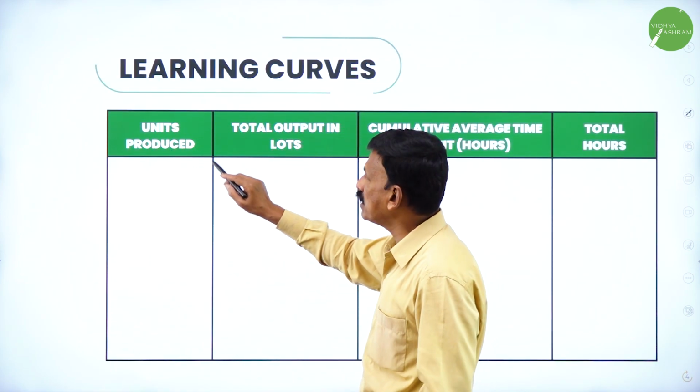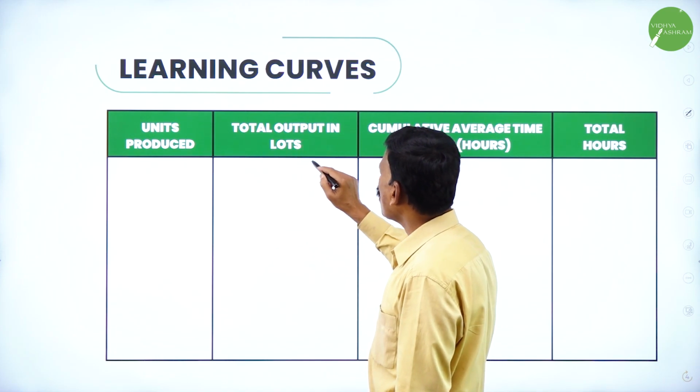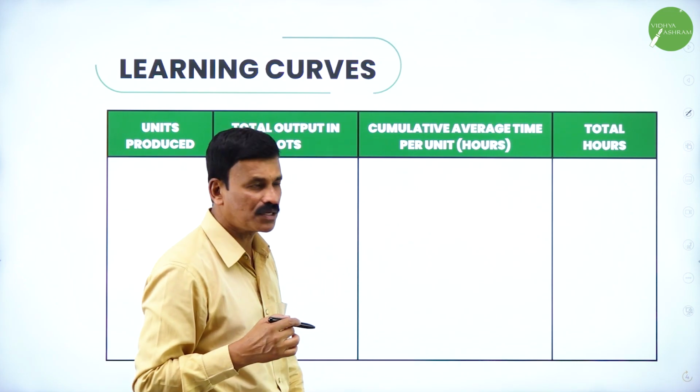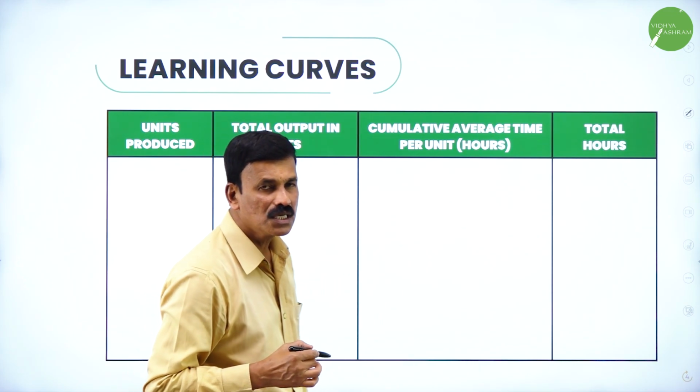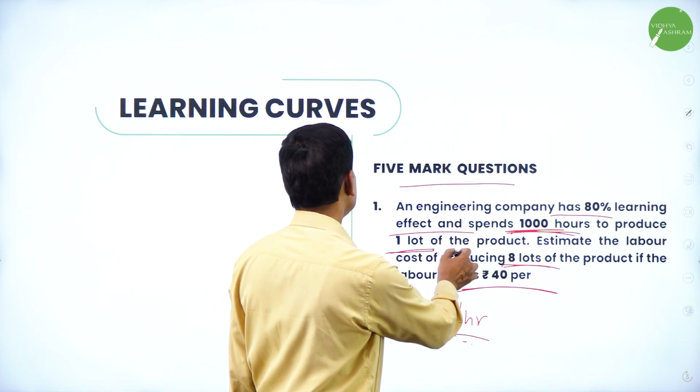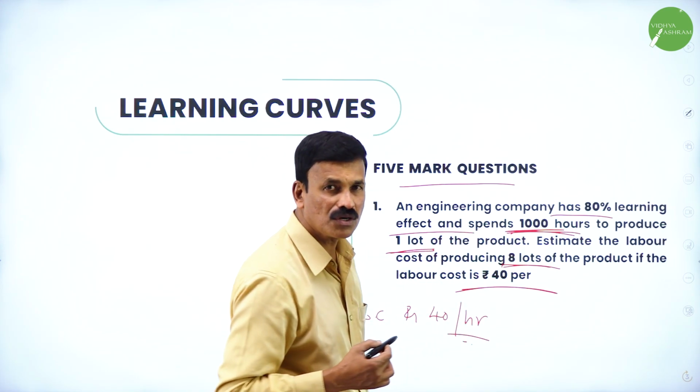Let us prepare a table: unit produced, total output in lots, cumulative average time per unit, that is the number of hours, and the total hours. Here one unit, that is one lot, will have 1000 hours.